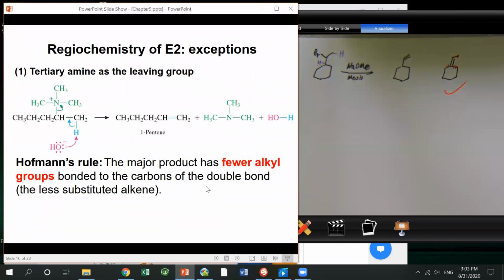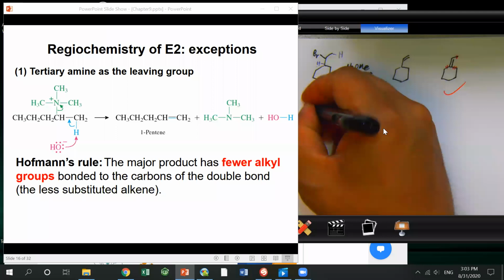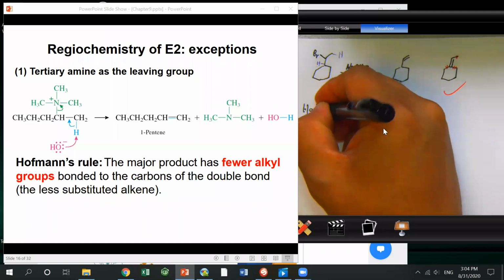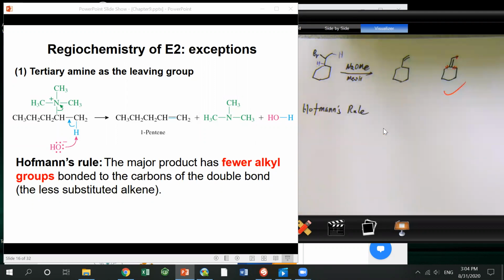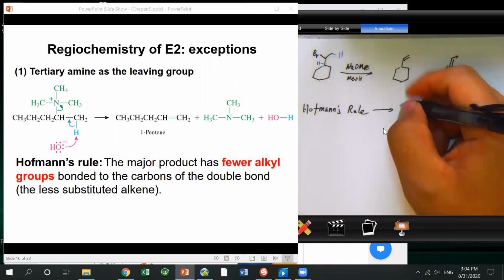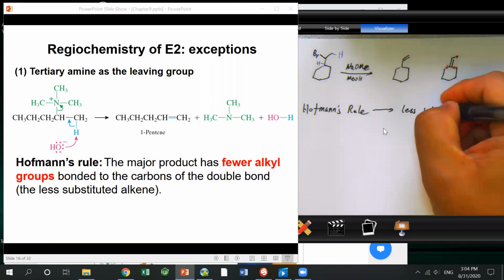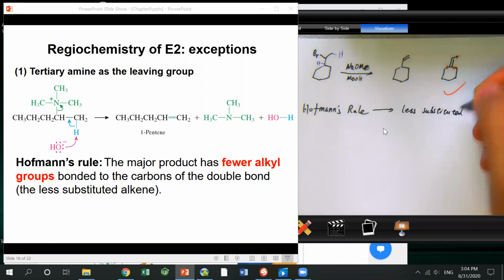Also there is an exception to the Zaitsev rule, called the Hofmann rule. That's totally opposite from the Zaitsev rule. So when you do the E2 elimination, for the Hofmann rule you actually get the less substituted alkene.